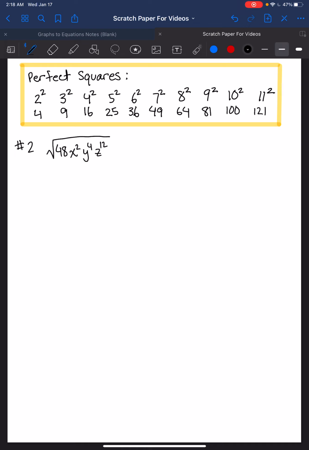So again, I'm going to break this apart into its individual pieces. So I have the square root of 48, square root of x squared, square root of y to the 4th, and the square root of z to the 12th.